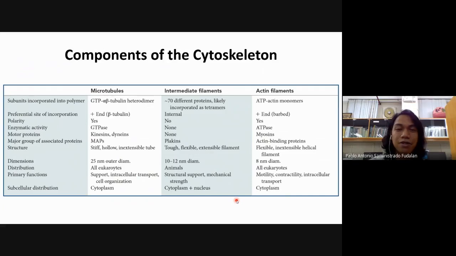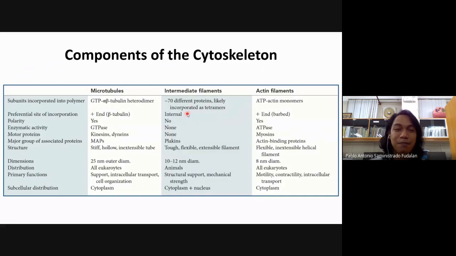All right, so that is correct. So you're about to mention that there's polarity also in microtubules and actin filaments, and the nucleation is on the plus end. While in the intermediate filaments there is no polarity, and the addition or removal of components would be random, or even internal. So that's one difference.